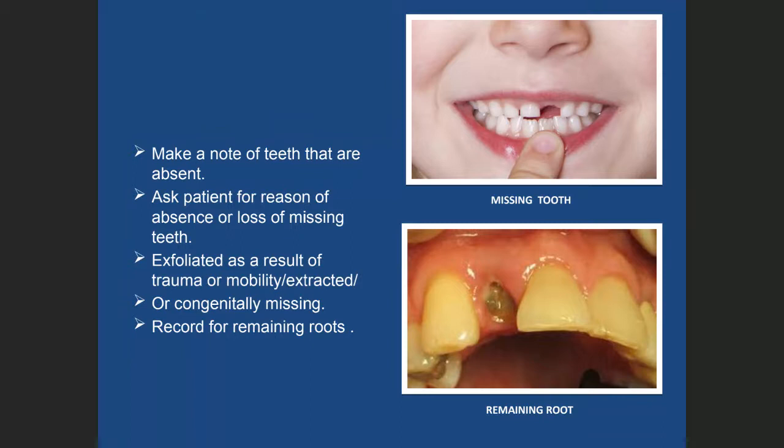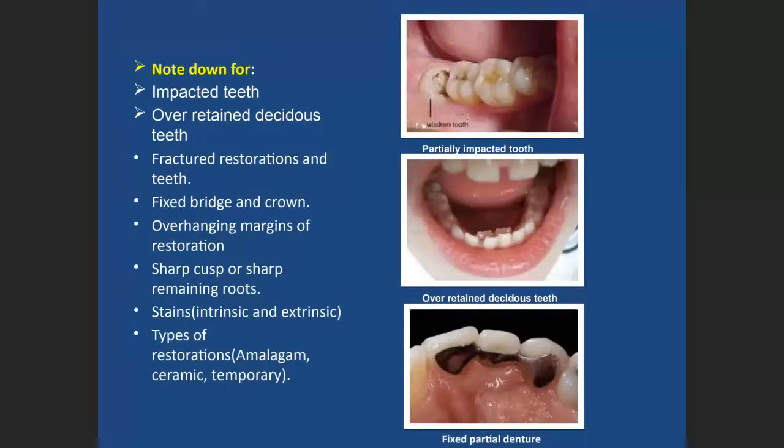Suppose there is caries on the buccal surface, suppose there is caries also on the lingual surface or the occlusal surface, you have to record it. Also, if there is any missing tooth, impacted tooth, crown, any kind of dental anomalies like mesiodens, supernumerary tooth, anything which you see, you have to record it.